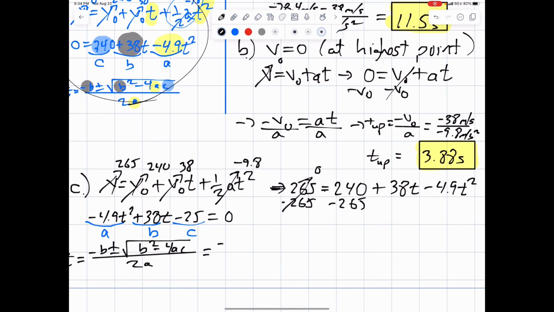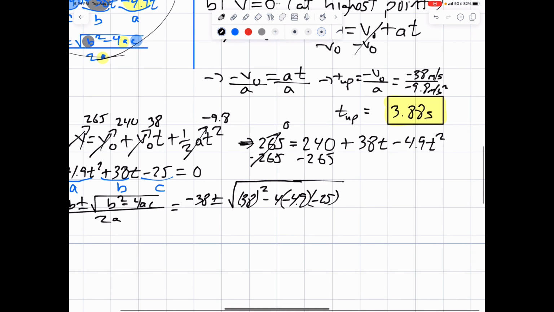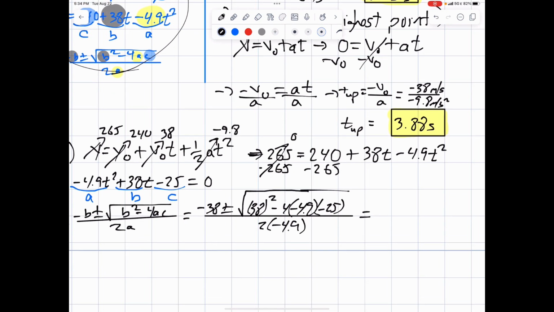So this would be negative 38 plus or minus the square root of 38 squared minus 4 times a, which is negative 4.9, times c, which is negative 25, all of that over 2 times negative 4.9. Let's clean this up.